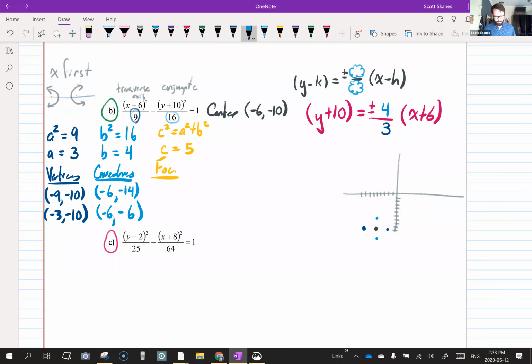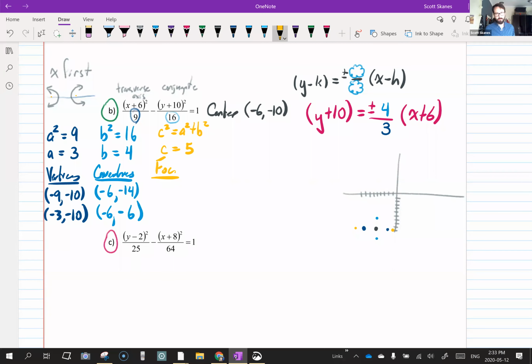The foci are going to go 5 left and right from the center. So I should get something like this. This is tricky to draw, actually. 1, 5, 4, 3, 2, 1. And 7, 8, 9, 10, 11. It's going to be something like that.